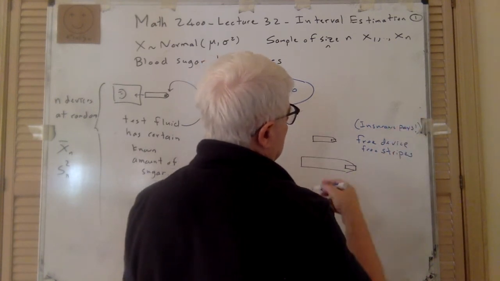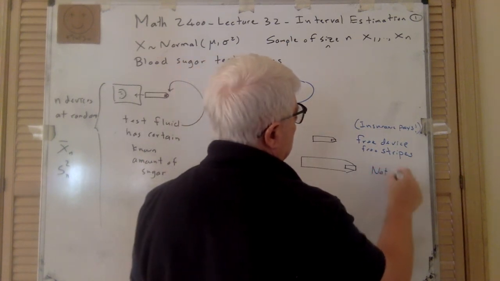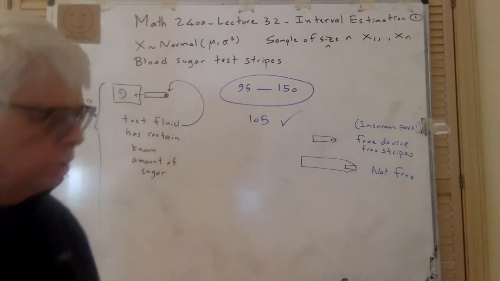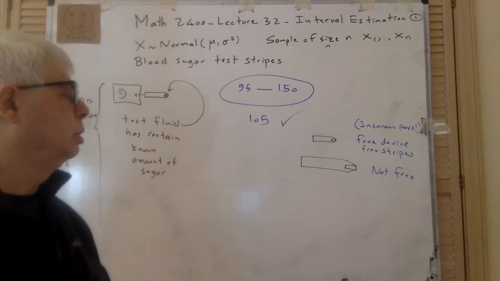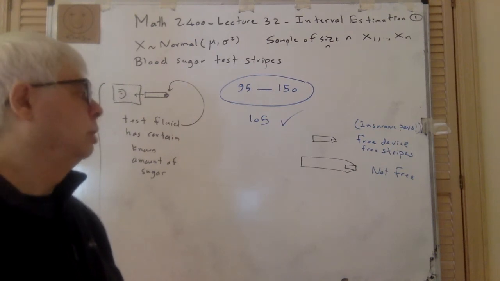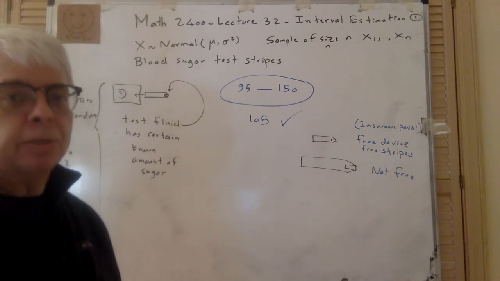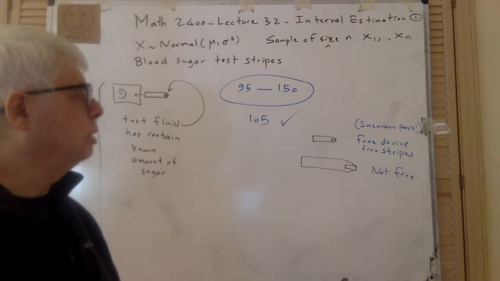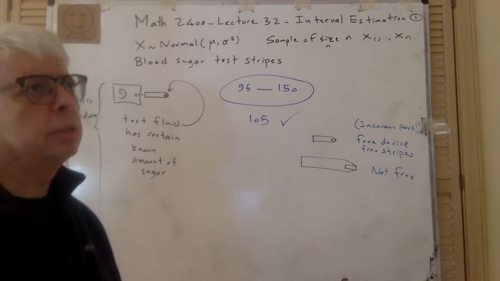This one, the stripe is not free. You could buy this without insurance, and I asked the pharmacist how much it was, a long time ago, and I remember it was in the hundreds.